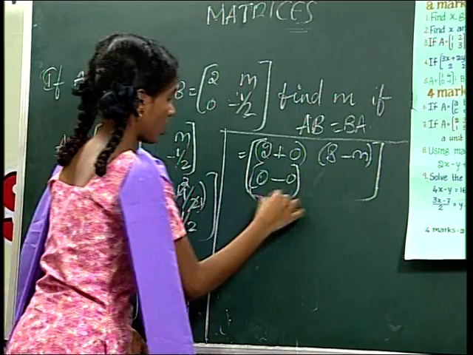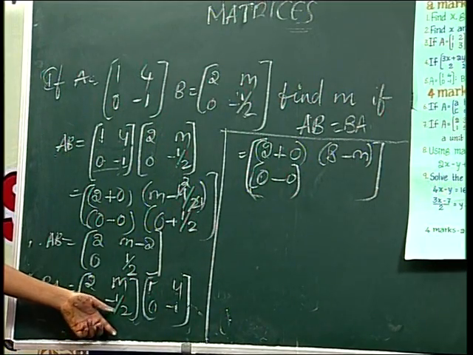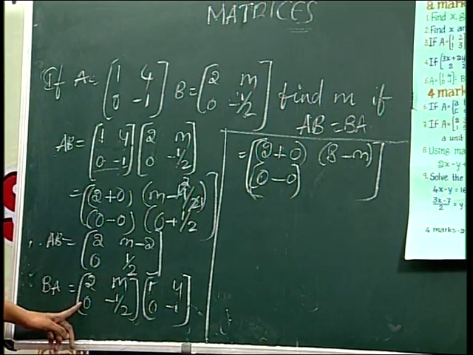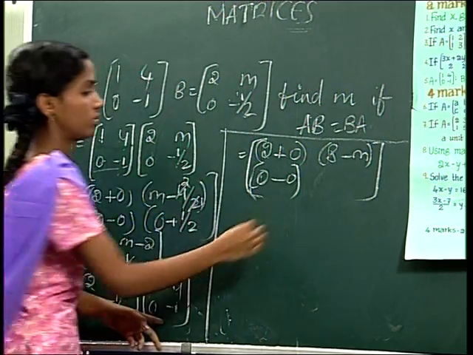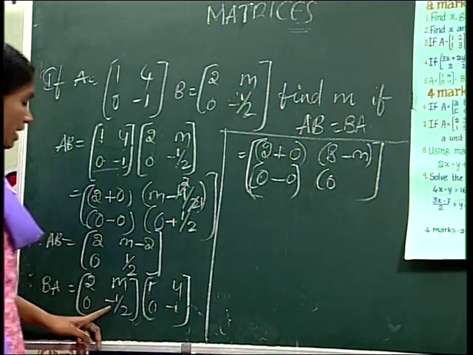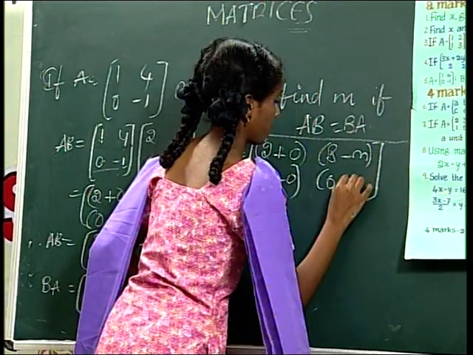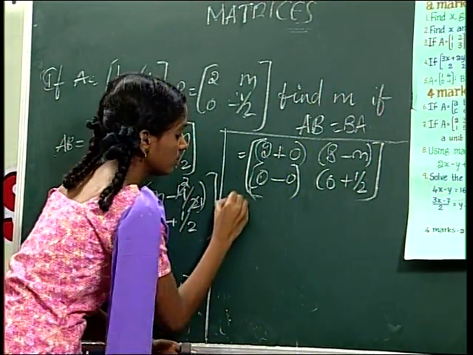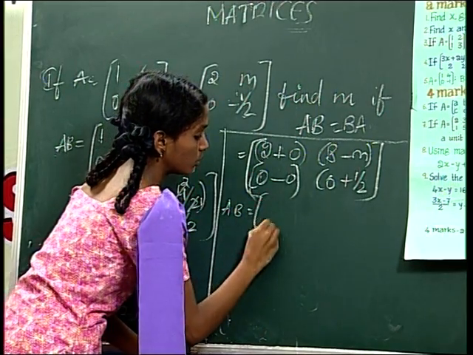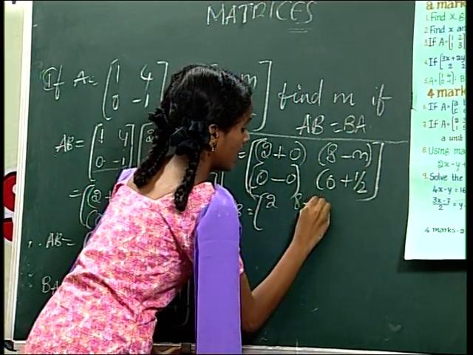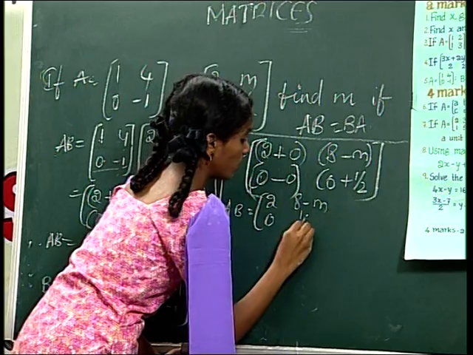Minus half into 0, minus 0. Minus 0 into 4 is 0. Minus half into minus 1 is plus 1 by 2. Here BA is 2, 8 minus m, 0, 1 by 2.